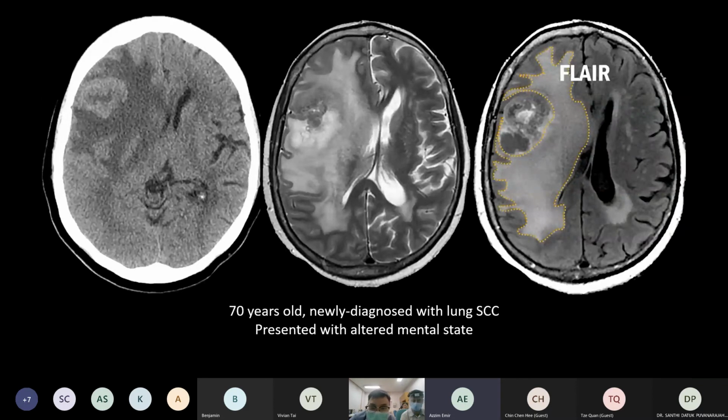What does the finger-like hyperintensity in FLAIR mean? I'm guessing edema? Yes. Okay, good. So what is your diagnosis for this patient, if let's say you saw this patient?